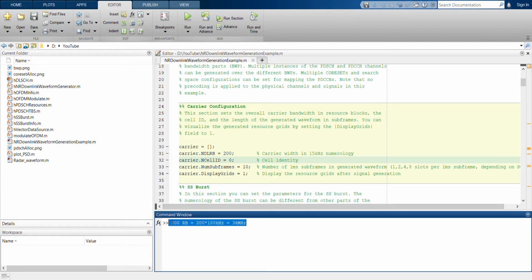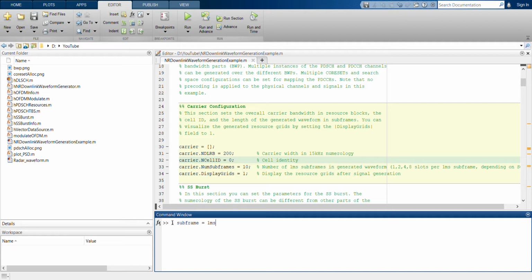Everything you should remember is that the cornerstone is the 15 kilohertz subcarrier spacing. Everything else, 30 kilohertz, 60 kilohertz, are just multiples of this 15 kilohertz. Actually, one thing you should know before that is that one frame in 5G is 10 milliseconds, and similarly, one subframe corresponds to 1 millisecond.